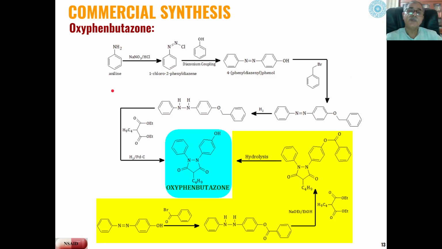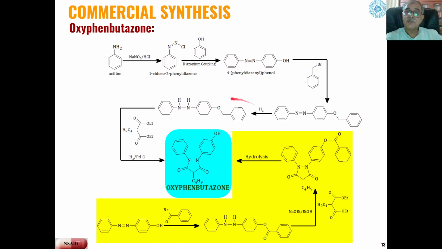Then similarly we can synthesize oxyphenbutazone also. Only difference is here the starting material, where for diazonium coupling in case of phenylbutazone we have used benzene, here we are using phenol. So we will get this derivative as the phenol.